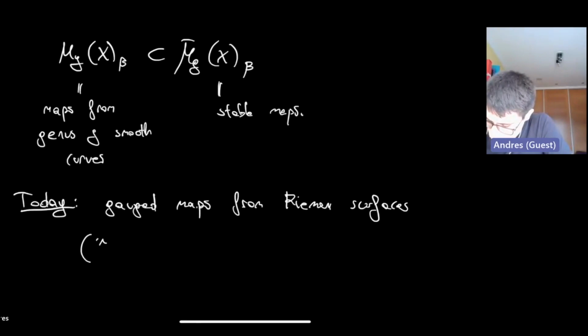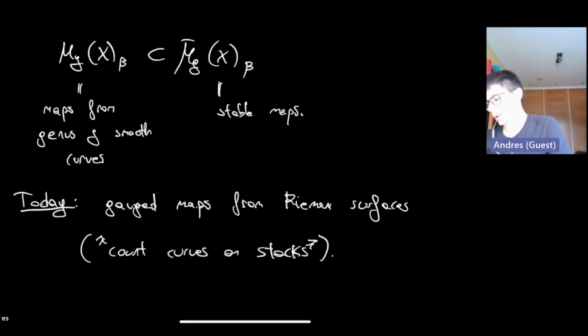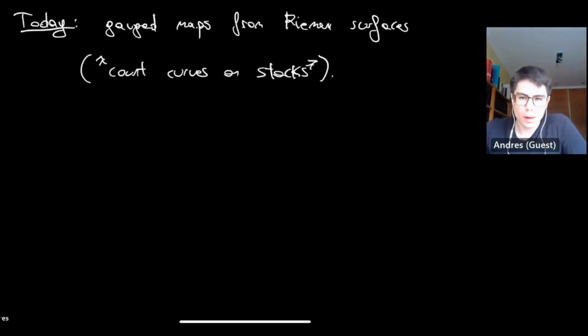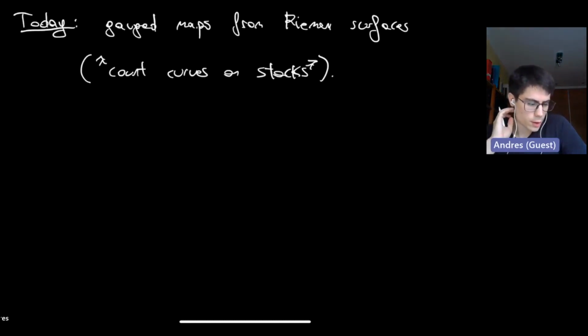In some sense, the slogan will be that we're counting curves on some quotient stacks. Not necessarily tame, they're just going to be algebraic stacks, so positive dimensional stabilizers generally. In fact, I think my main example is always going to have positive dimensional stabilizers.